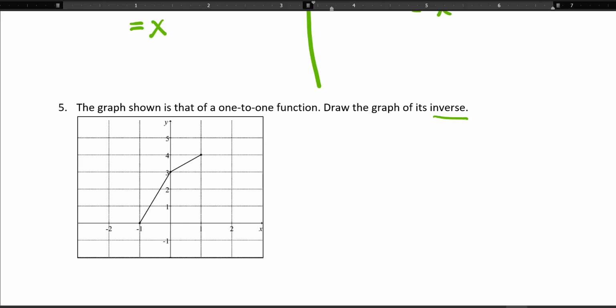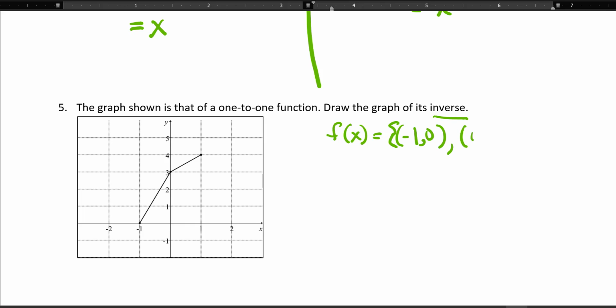So let's identify the points on this graph of our original function. We'll just call it f of x. So we have -1, 0.